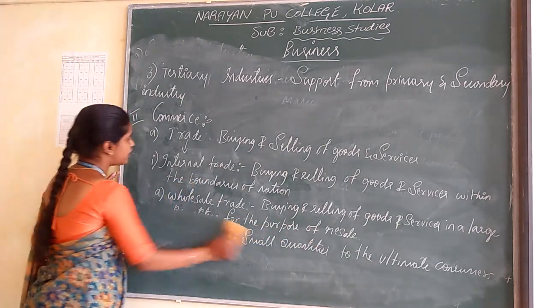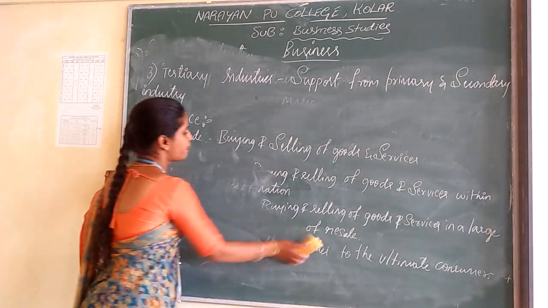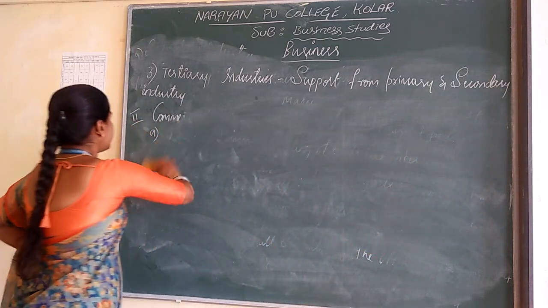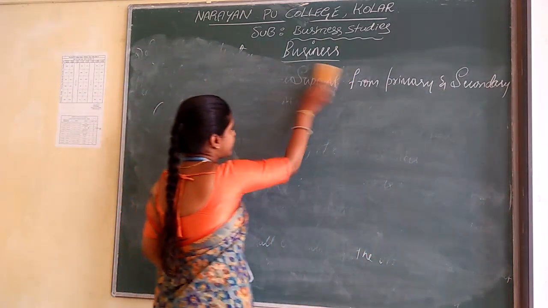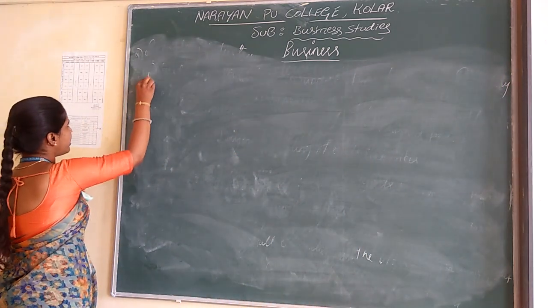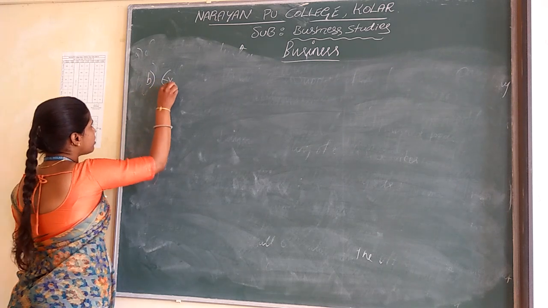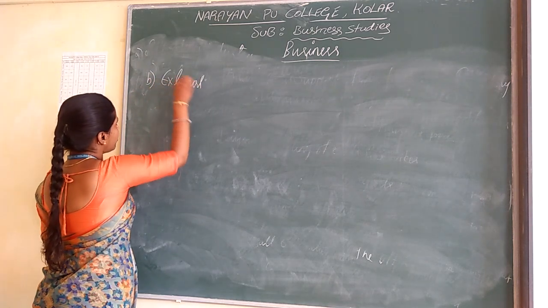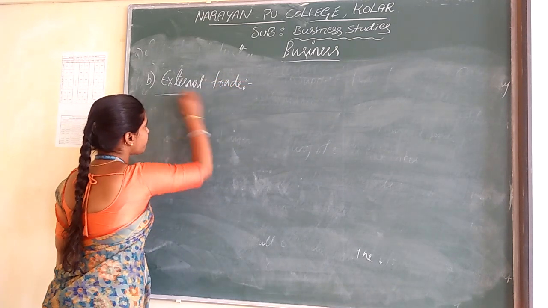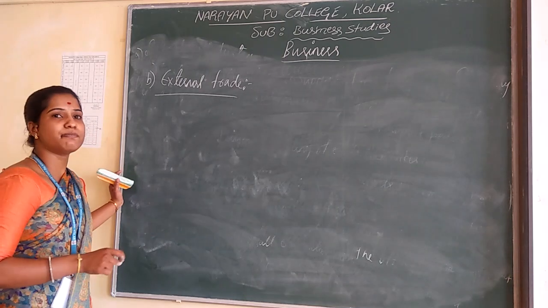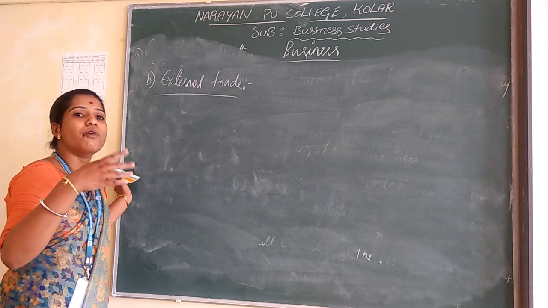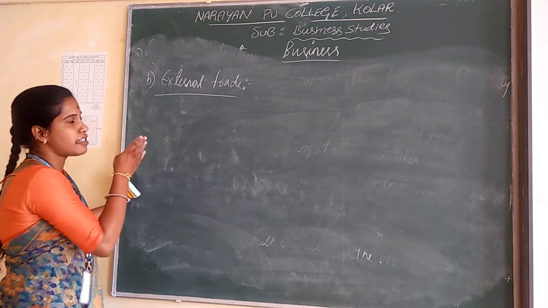Now let's move on to the second classification of trade, which is external trade. So the external trade means buying and selling of goods and services from one or more countries is known as external trade.